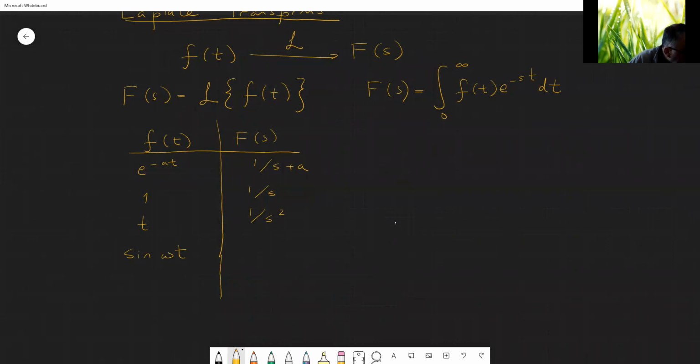Sine omega t has a Laplace transform of omega over s squared plus omega squared. And cosine omega t is s over s squared plus omega squared. Let me write it here.